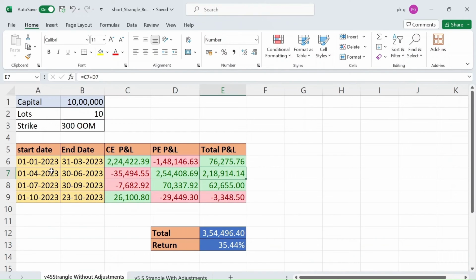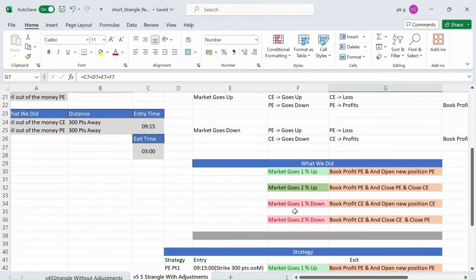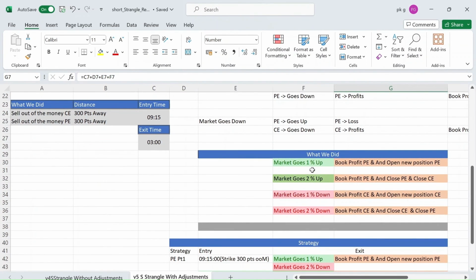So here you can see from April to June we have made 2 lakh profit in both CE and PE combined. But here with the adjustments we have only made 1 lakh profit. Why? Because the adjustments we have included here apply whether the market goes straight up or straight down.